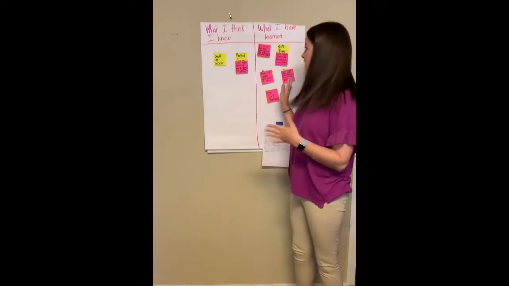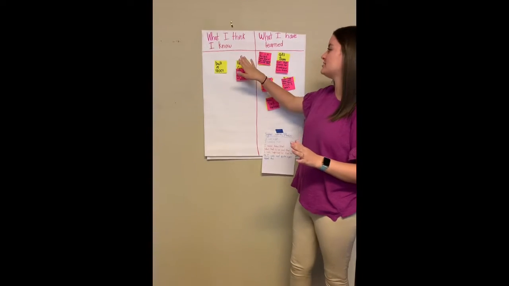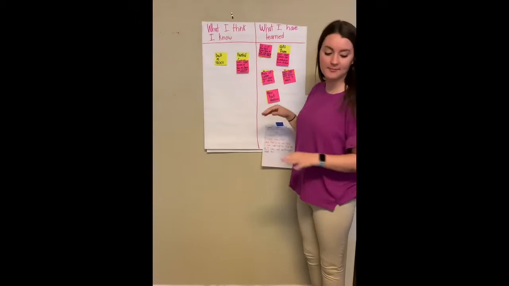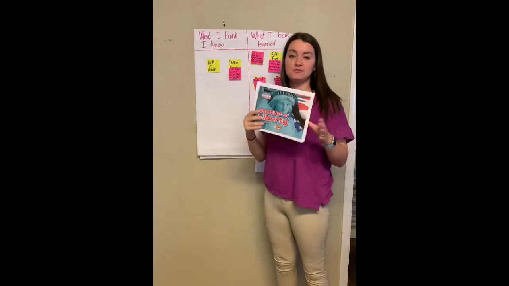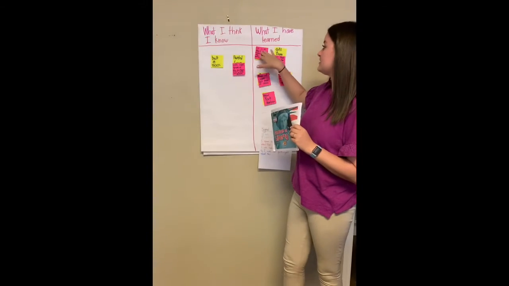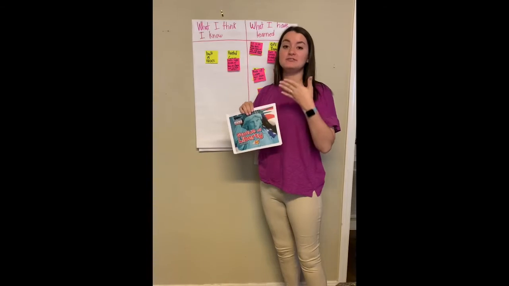I have our anchor chart we used yesterday, and I want you to remember how we thought of things that we think we know, and then we read a piece of text about the Statue of Liberty, and we wrote down some things that we learned, and you on your own chose a topic.